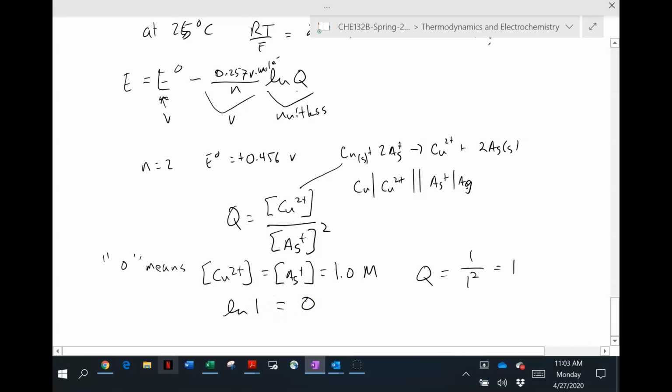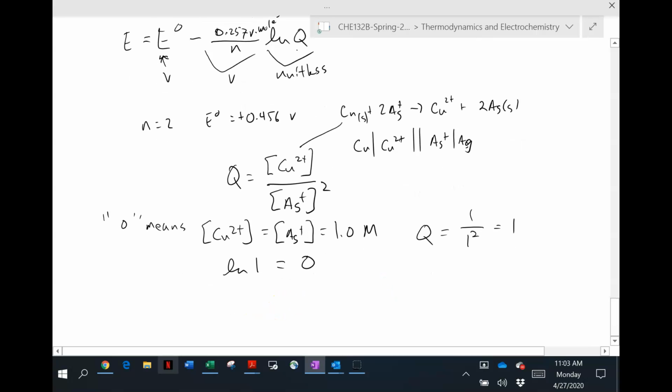It's 0. So what happens in our equation then is that E equals E naught minus 0.0257 volts over n ln Q. That's going to be 0.456 volts minus 0.0257 volts.